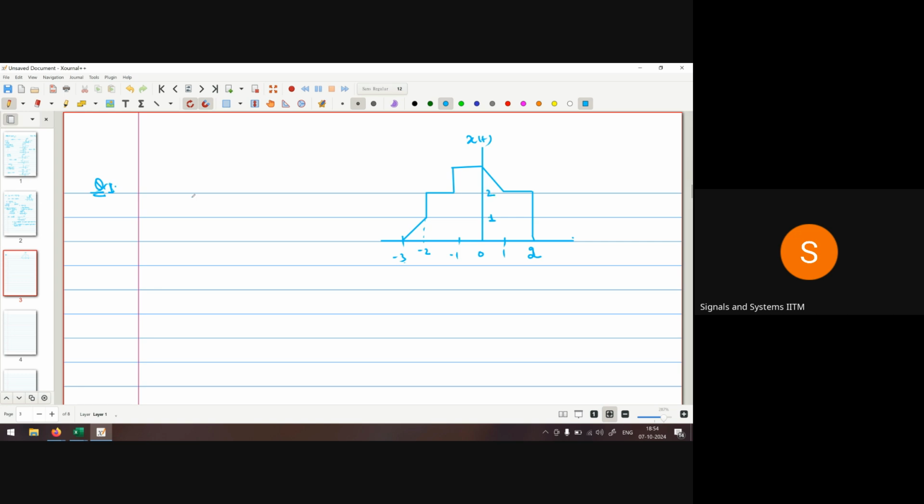The levels are 1, 2, and 3. So if I plot y of t equal to x of -1/2 t plus 1, and z of t equal to y of -2t - 3 plus 2, so minus 2t minus 3 plus 2.